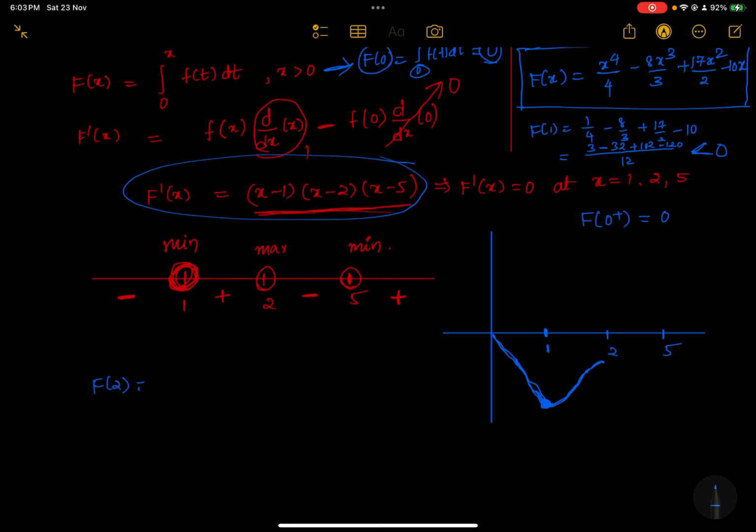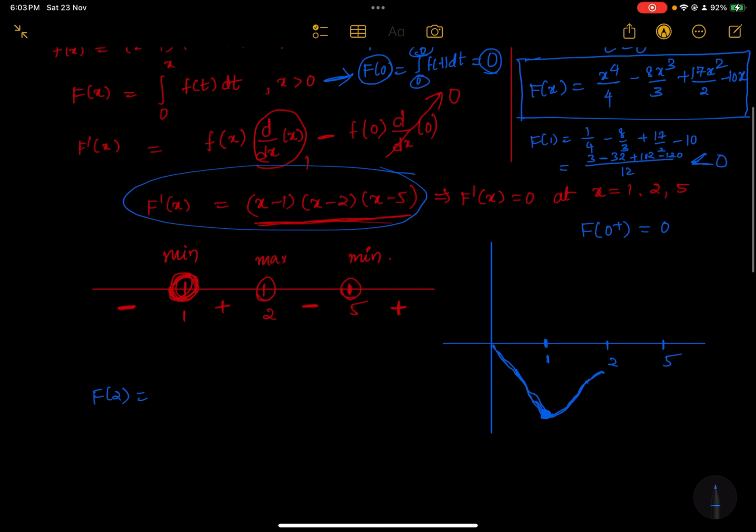F of 2 will be 2 to the power 4, 16 by 4, that will be 4, minus 64 by 3 plus 34 minus 20. So 38 minus 20 is 18, minus 64 by 3. So 54 minus 64 by 3.